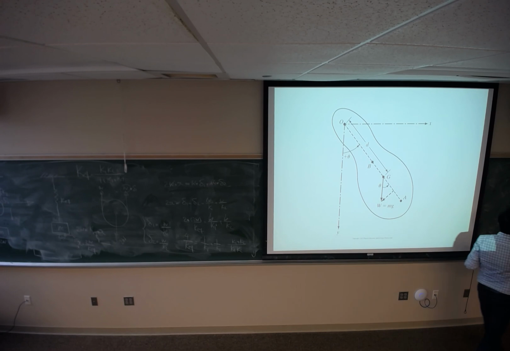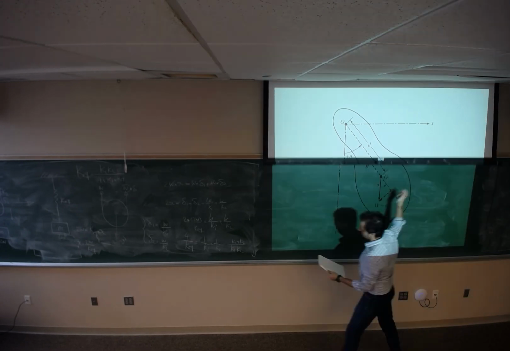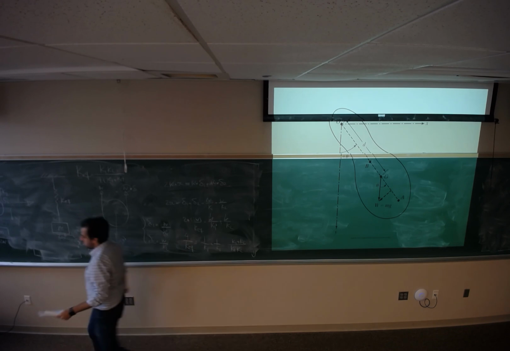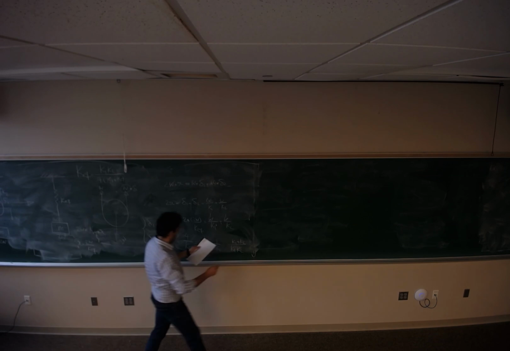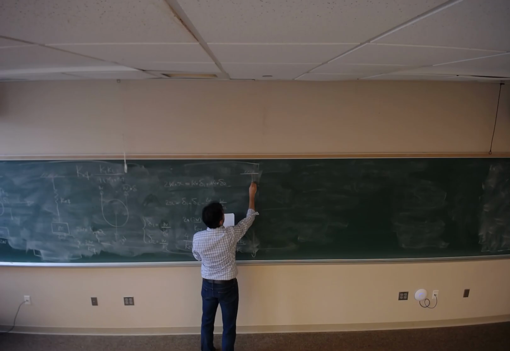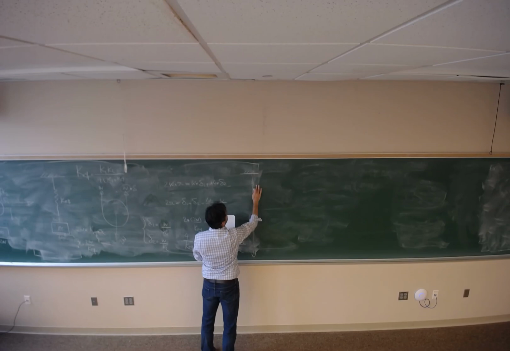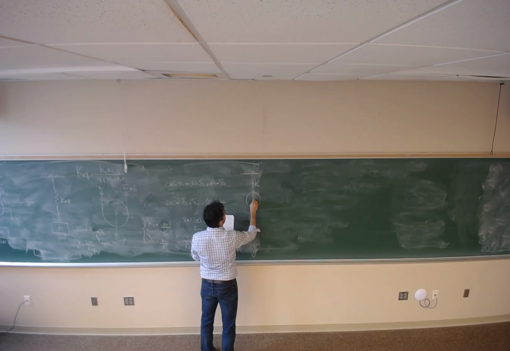Now let me look at another example. This time I'm going to use the energy method. There is a spring with the stiffness of K1 connected to the pulley.